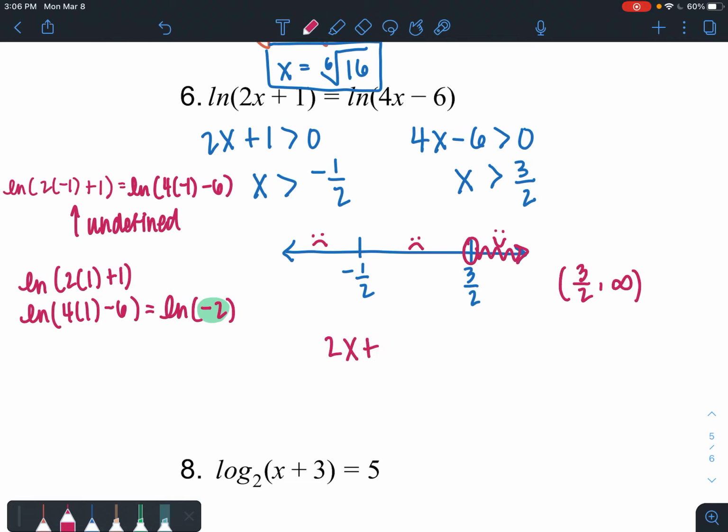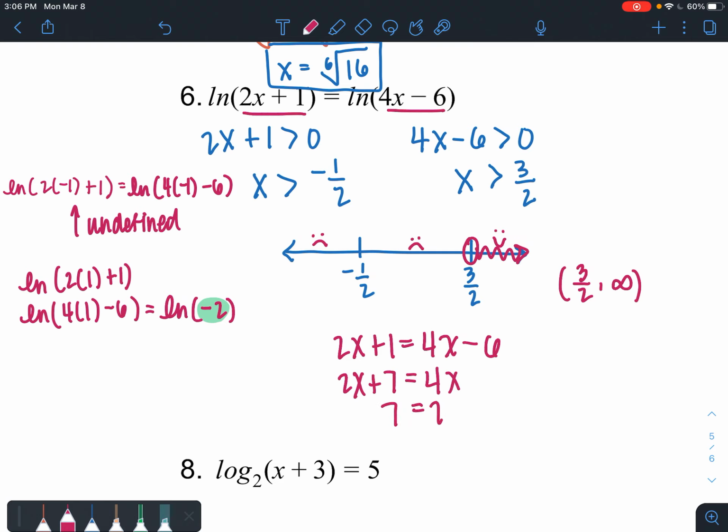So then I'm going to set 2x plus 1, because if I take e of both sides, then I can just take 2x plus 1 and set it equal to 4x minus 6, because those ln's cancel each other out. So I add 6 to both sides. Subtract 2.